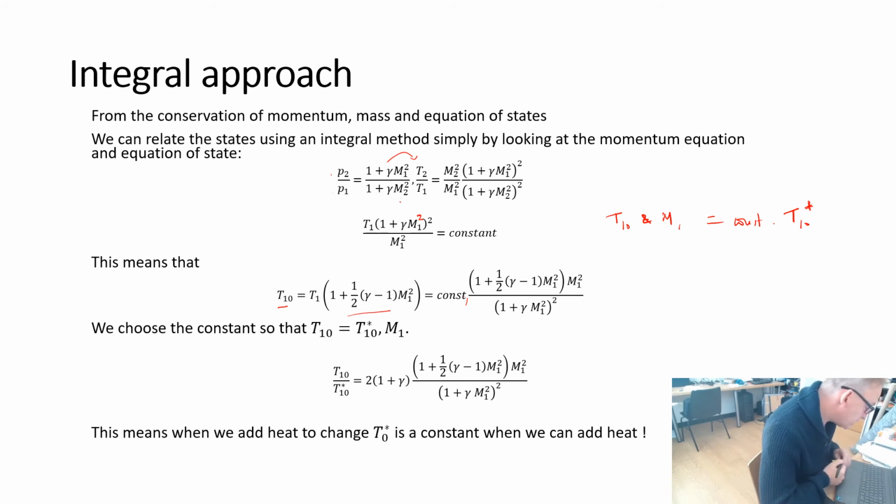Now what does change obviously when you add heat is the stagnation temperature. So this is a way in which we can relate the state of the flow before and after we add heat or take heat away. So we set our arbitrary constant in terms of our T1 naught star. Now T1 naught star is a constant and it's conserved, as in it doesn't matter that heat's being added or taken away.